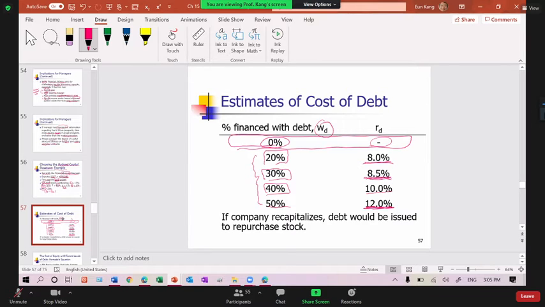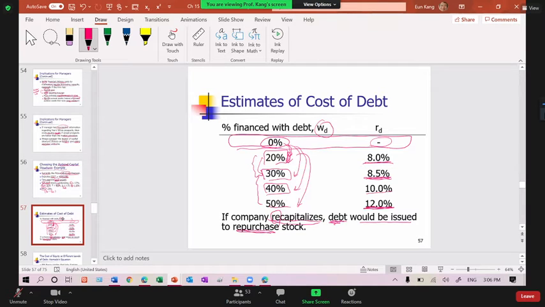So from 0 to 20%, or 0 to 30%, or 0 to 40%, 0 to 50%, or sometimes from 20% to 30% is all recapitalization, just change their capital, recapitalize. If they recapitalize, that would be issued to repurchase stock. So that means what? You borrow money to buy back stocks.